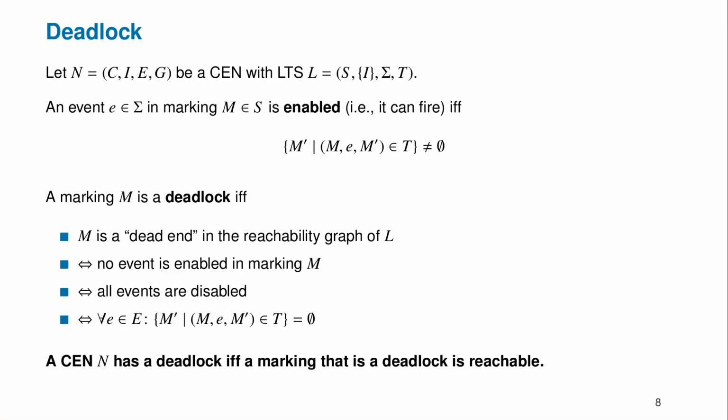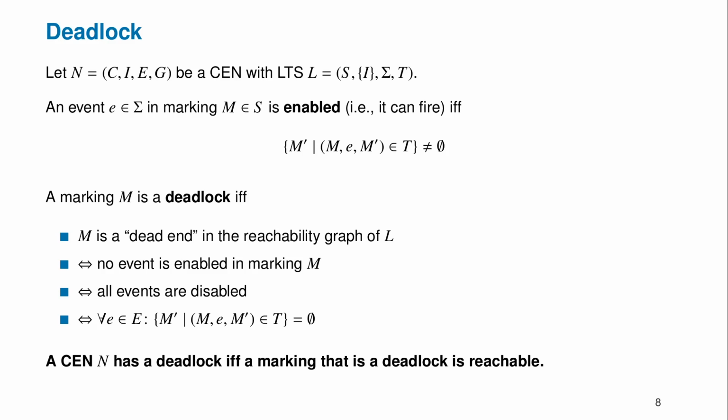As I already mentioned, it can happen that there is a deadlock, so that for some reason the system gets stuck. On this slide I formally define what a deadlock is. First of all, I give a concise definition of what it means that an event is enabled in a marking, so that it can fire.